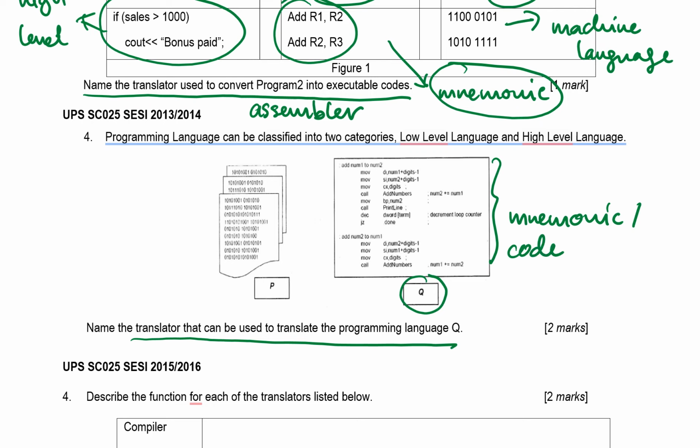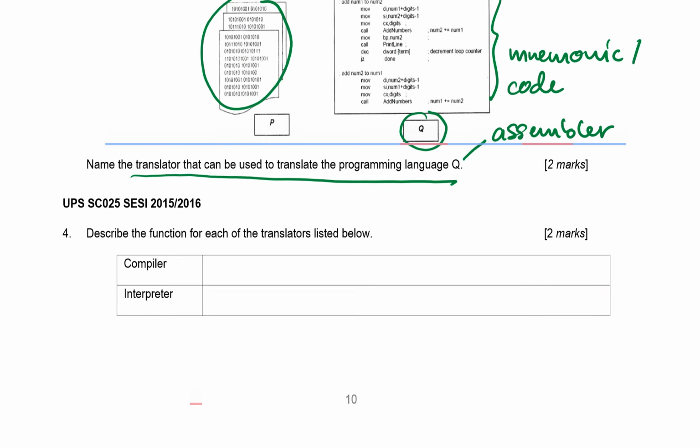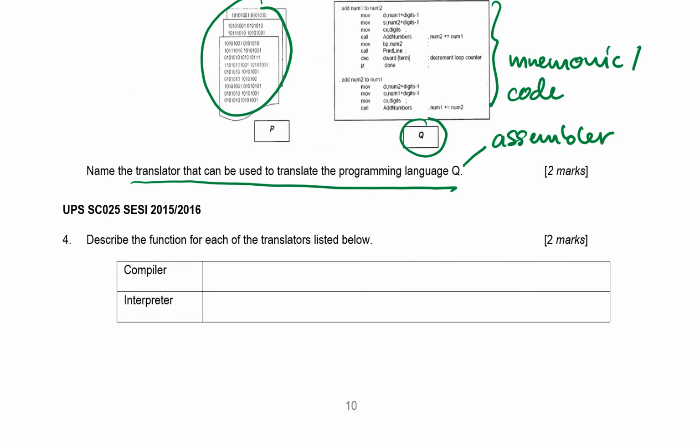Code singkatan. This one, if you see 0101, of course is machine language. So name the translator that can be used to translate the programming language Q. Of course, assembler.